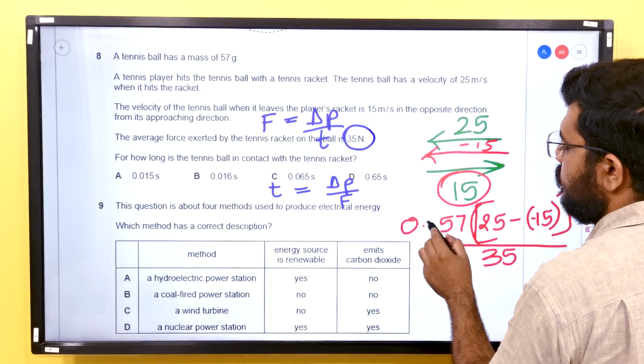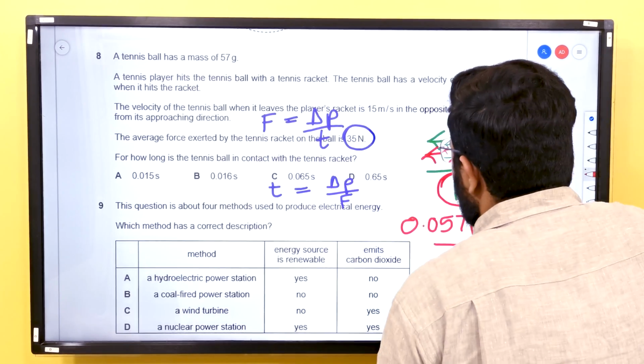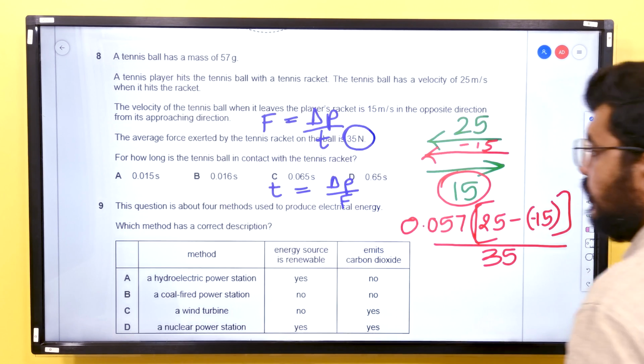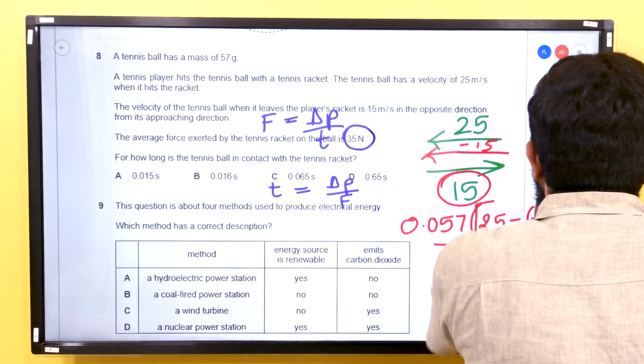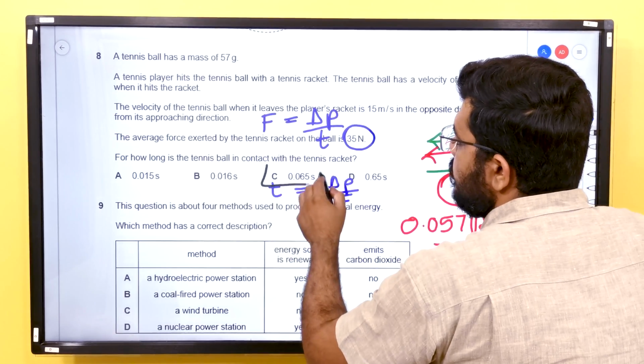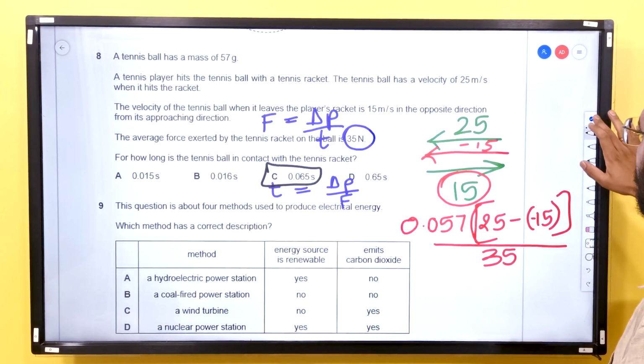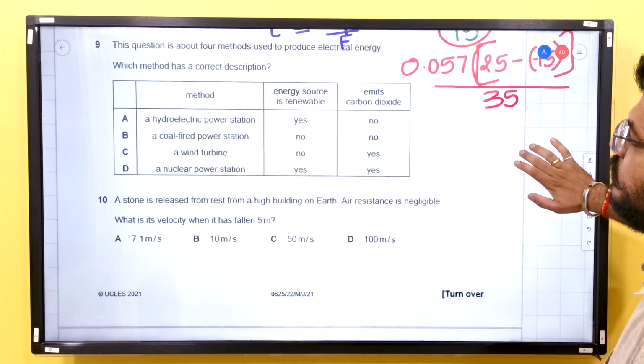So this will be 0.057 kilograms, right? Quickly keeping this in your calculator, you get the ball is in contact for 0.065 seconds.